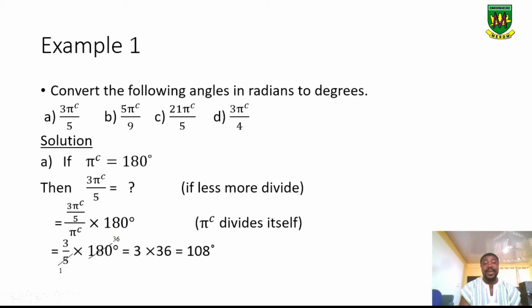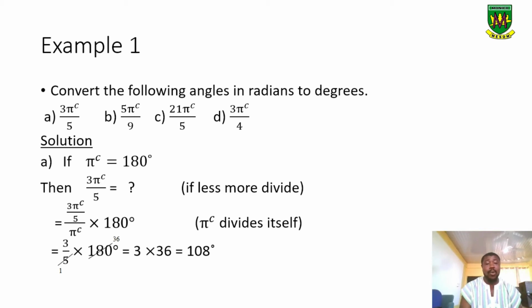Now, 3/5 is less than pi. Therefore, we have 3/5 pi radians divided by pi radians times 180 degrees.